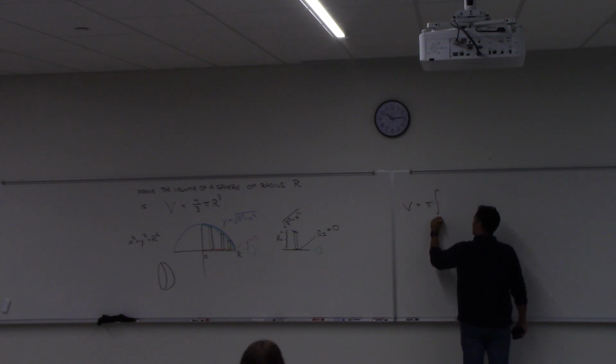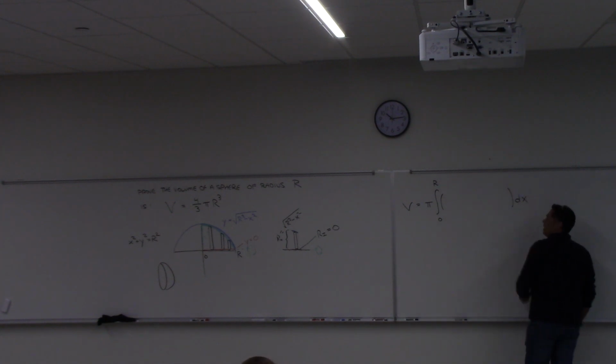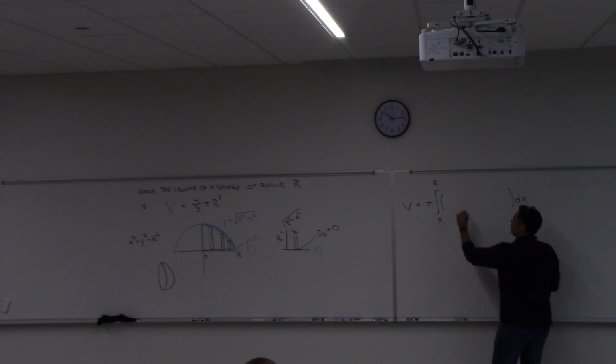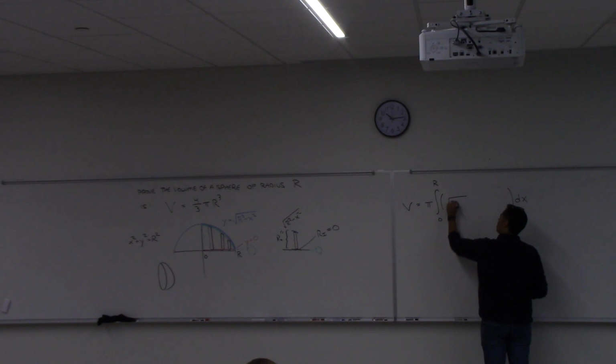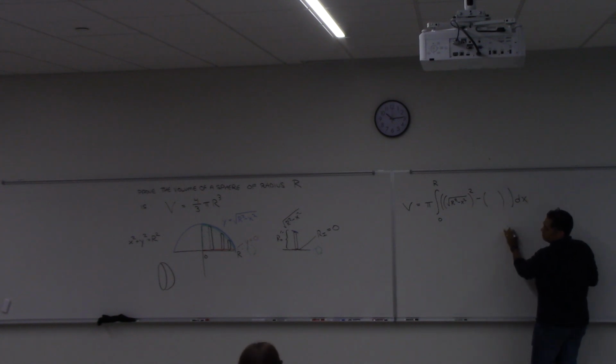Integral from 0 to capital R. I know I have dx back there. Outer radius squared. The square root of r squared minus x squared, that thing squared, minus the inner radius. What was our inner radius? 0, but then squared.